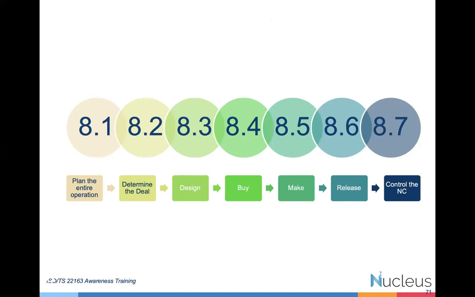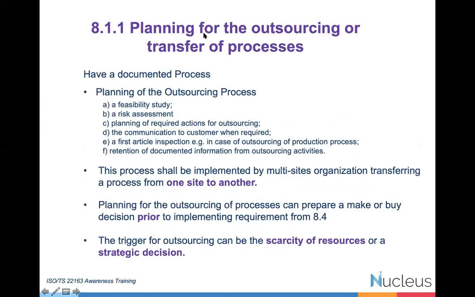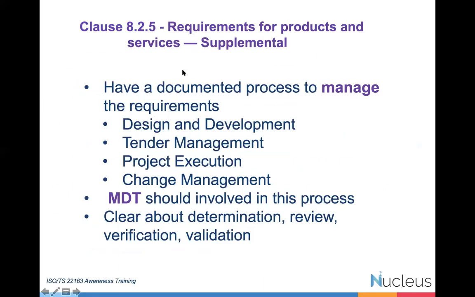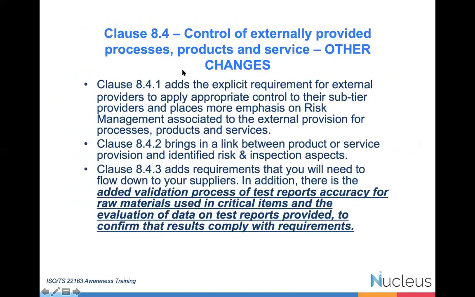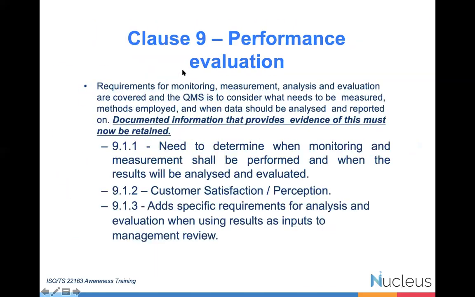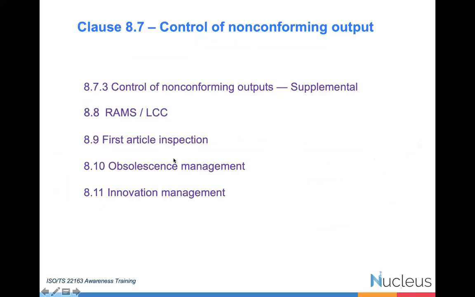Now I'm going to ask a few questions. I've just run through that particular slide and come back here. These are some of the new, additional requirements. Now tell me who is the process owner for these clauses. 8.8, tell me who will be the process owner. RAMS LCC. RAMS we have seen, right? We have seen what RAMS is: reliability, availability, maintainability, safety.